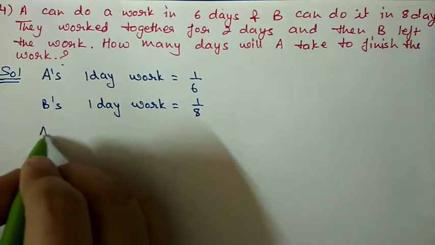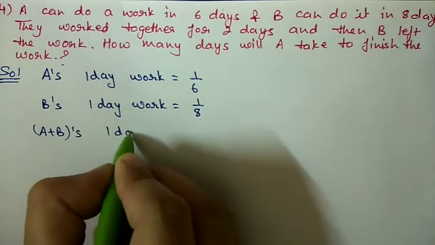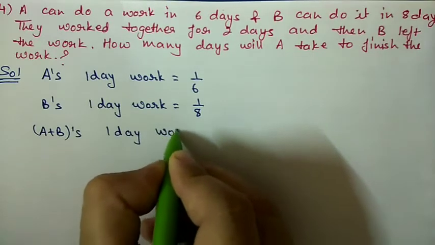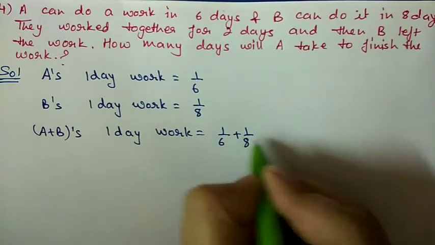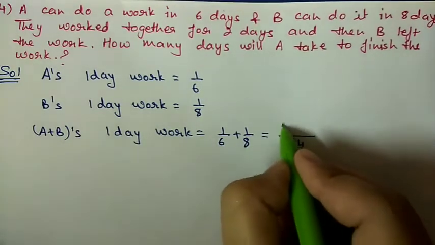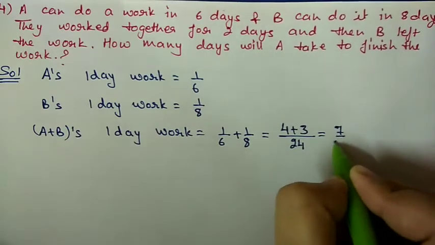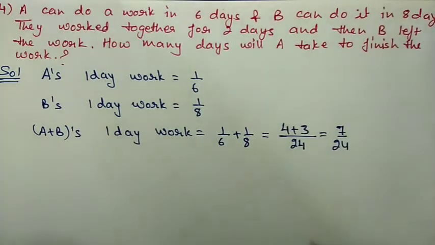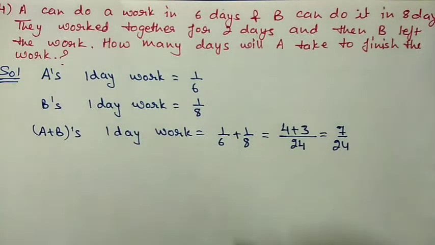And A plus B together their 1 day work will be 1 by 6 plus 1 by 8. Here LCM is 24. So 6 times 4, and 8 times 3. So together it is coming 7 by 24. So together they are doing 7 by 24 work in 1 day.